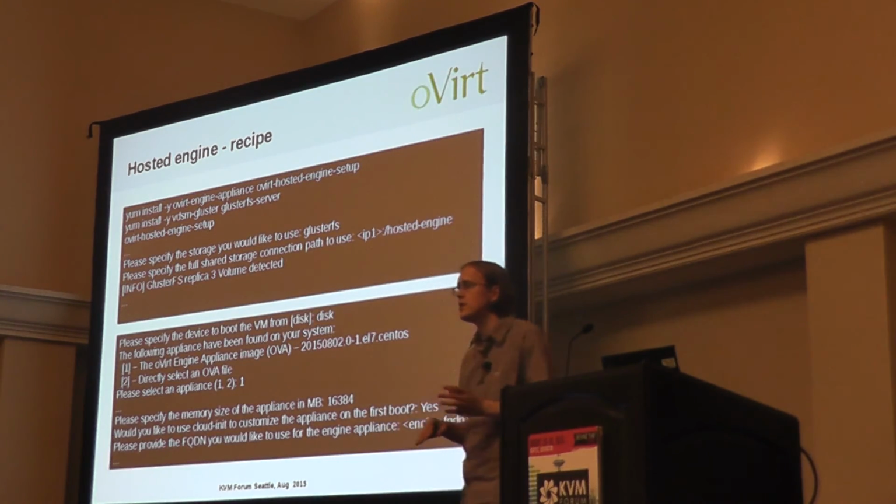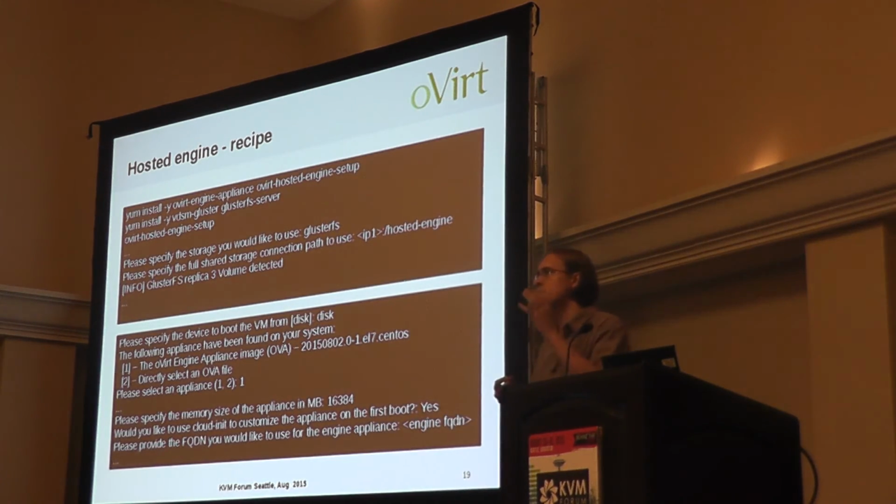So it will use Cloud Init. It will start a VM and run the scripts in the operating system. And here is one of the tricky parts. You have to give it an engine FQDN. So you actually have to give it a host name you want the management to use.